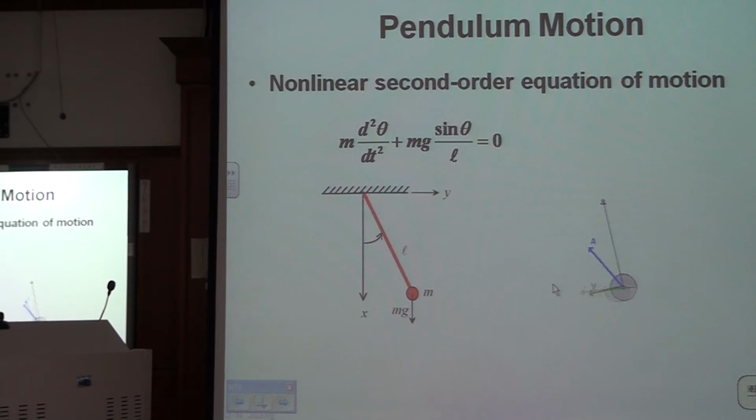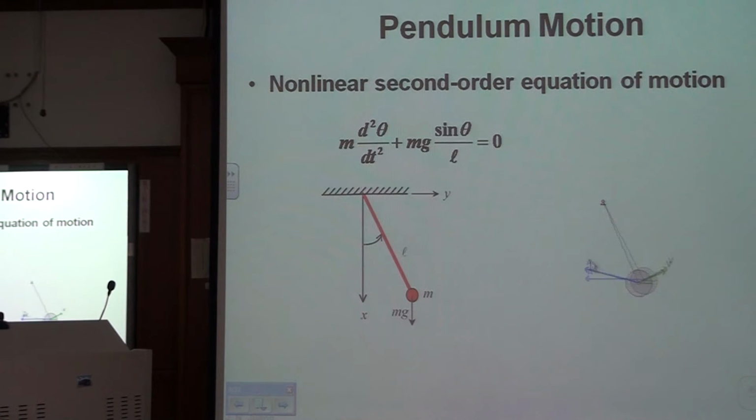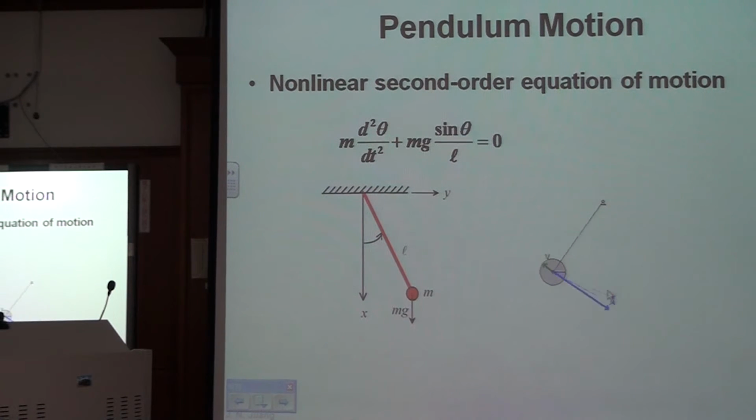Now, this is the motion you're supposed to have. A is the acceleration. The direction of the acceleration is changing all the time. And V, the velocity, is also changing in direction. Okay.